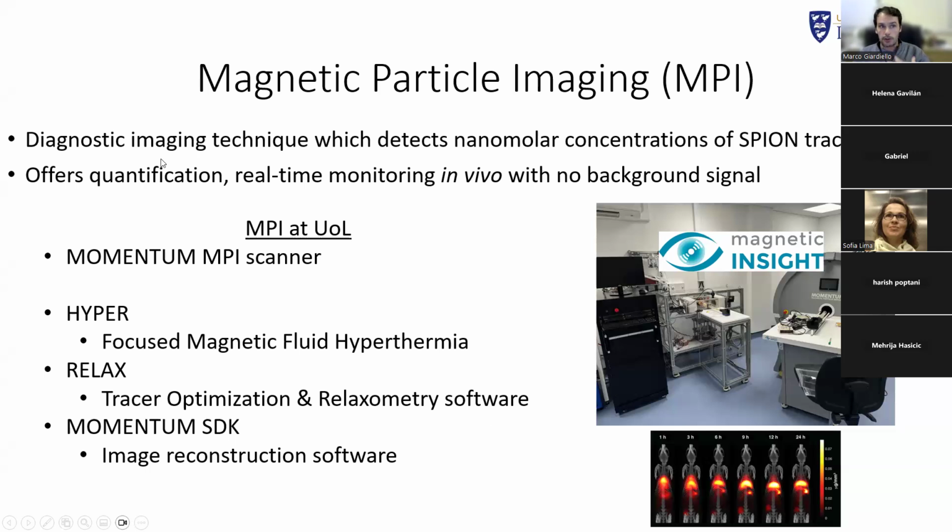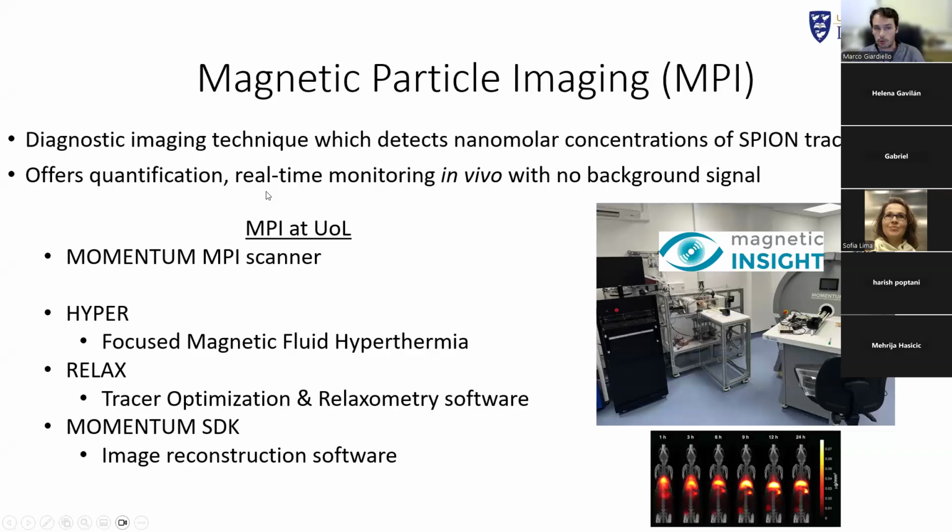I'll do the talk as though people don't know, as there could be people here that don't necessarily know what MPI is. MPI is a relatively new diagnostic technique. It detects nanomolar concentrations of SPIONs, superparamagnetic iron oxide nanoparticle tracers. So it's a kind of hotspot imaging: what you're seeing in these images is the tracer. It requires the presence of a tracer in order to work.